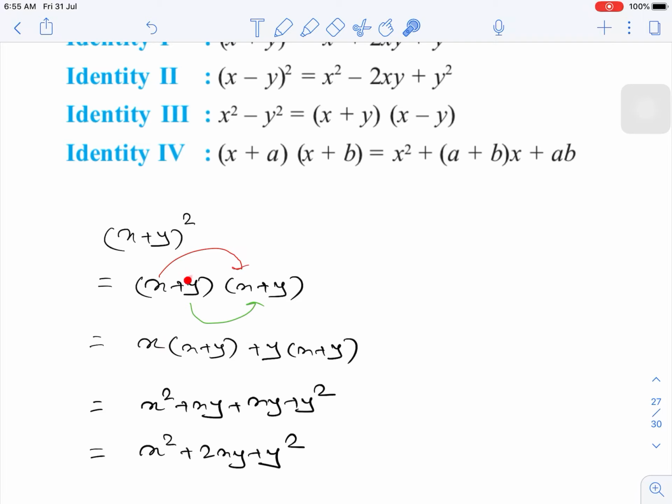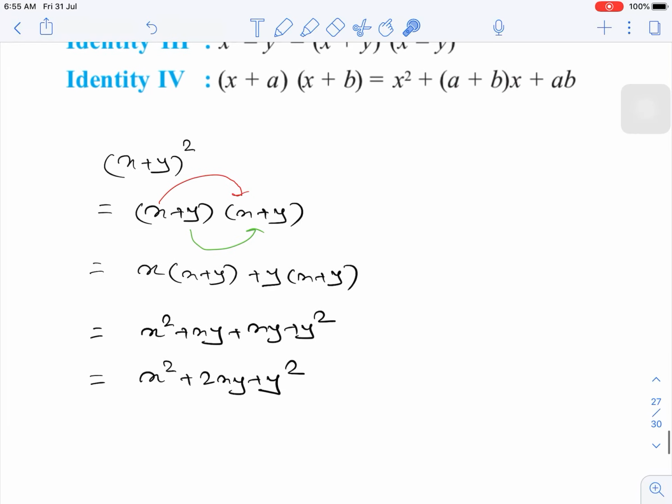Now the second term of this bracket will multiply to each and every term of the second bracket, so we have written y into (x plus y). This x first multiplies with x, then with y. So x into x is x square, x into y is xy. Then this y will multiply with x, so y into x becomes xy, and y into y becomes y square.